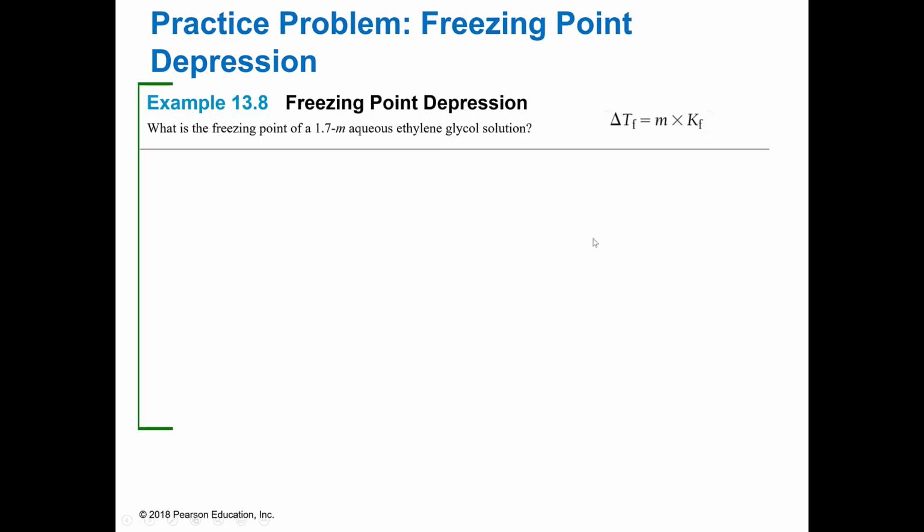So what does that look like when we do a calculation? It's a super simple thing. As I told you before, the freezing point depression is equal to the molal concentration times K sub F. You have to look up the K sub F on your chart, or, if it's not on your chart, Google it.